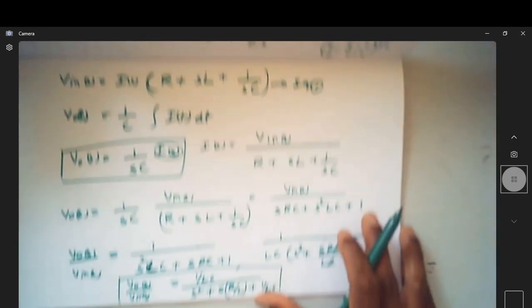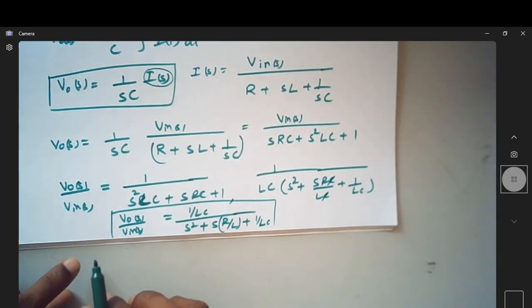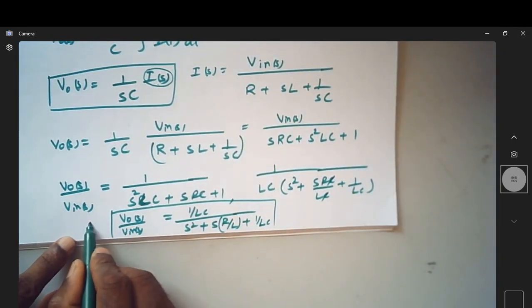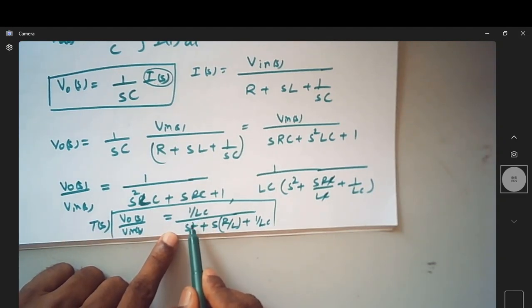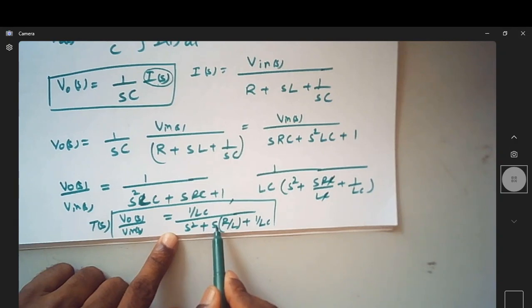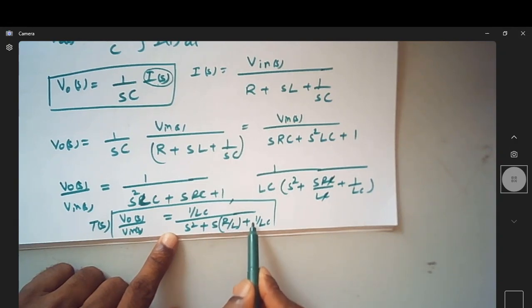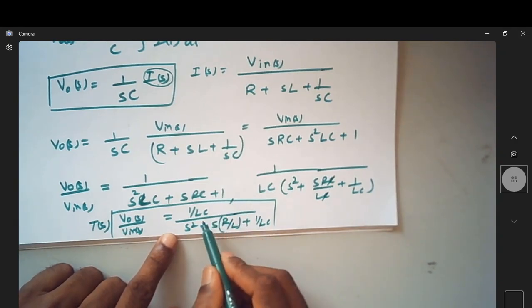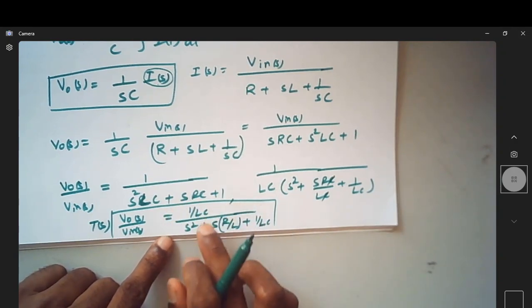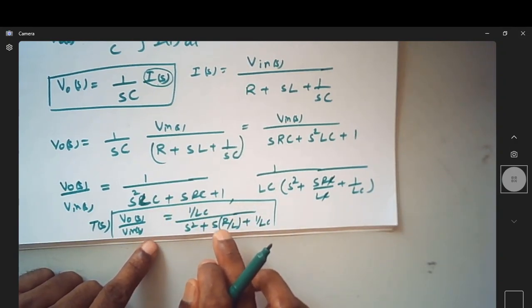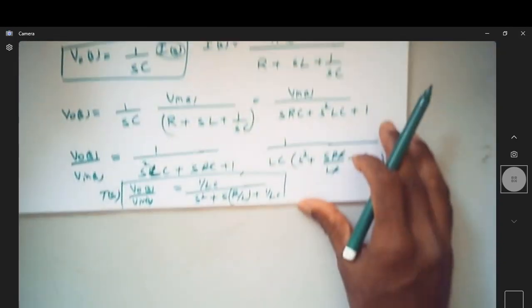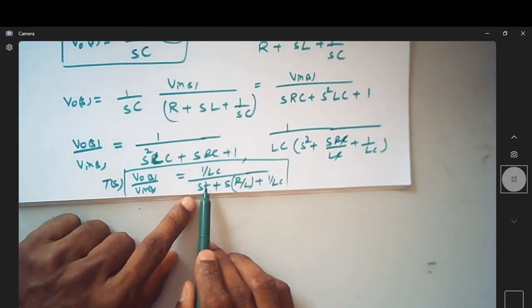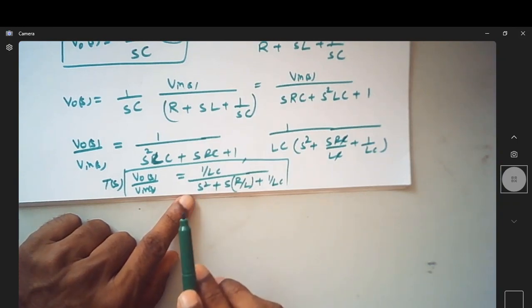So upon rearranging, we are able to get the transfer function of the system as 1 over LC s square plus s into R by L plus 1 over LC. So this is a standard form of the transfer function of this RLC network, making the coefficient of s square as 1.